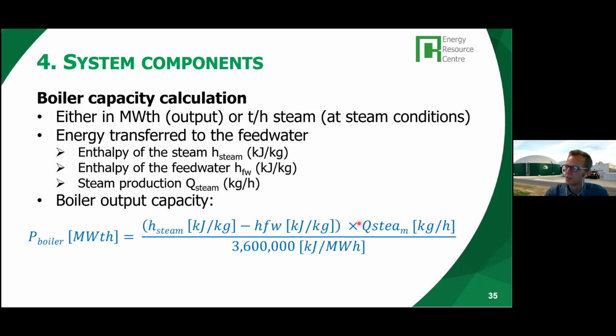Both of them can be used for calculating the boiler capacity. So the difference in the enthalpy multiplied by the steam flow, and then divided by the conversion factor of kilojoules to megawatt hours, will give you the capacity of a boiler in megawatts.